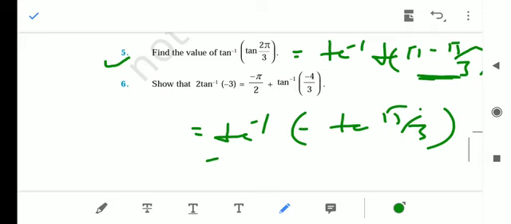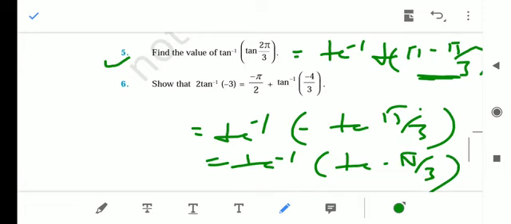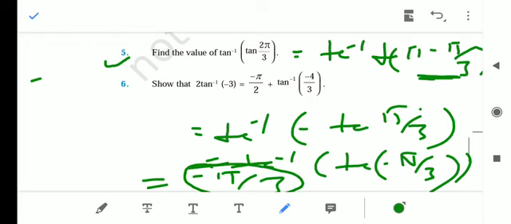And tan inverse tan of minus pi by 3 is -pi by 3. So its value will be -pi by 3. So its answer will be -pi by 3.